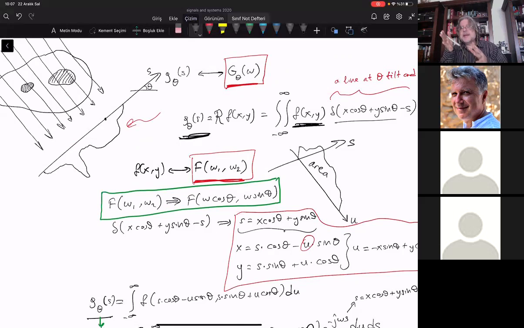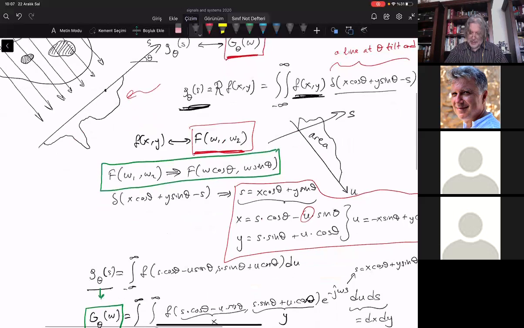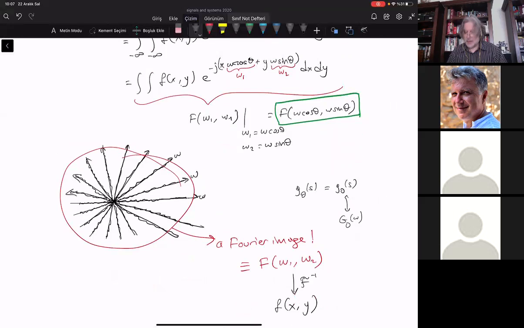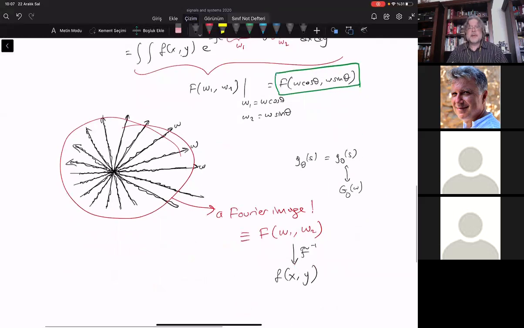Then one by one, we take their one-dimensional Fourier transforms, and then we paint them into the two-dimensional axis, and we make a two-dimensional Fourier shape. Finally, we take the inverse Fourier transform of that, which will correspond to f of x and y. So this is the way computed tomography works, and it still works this way.